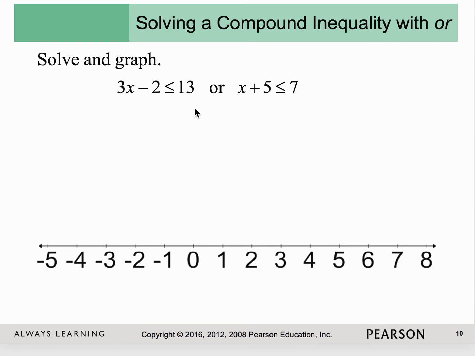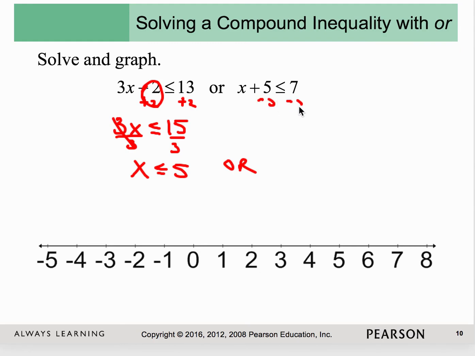Okay, we've got an or now, so let's try this. Let's add 2 to both sides. So 3x greater than or equal to 15. Let's divide by 3, just getting that x all by itself. X is less than or equal to 5. Or let's subtract 5 from both sides.